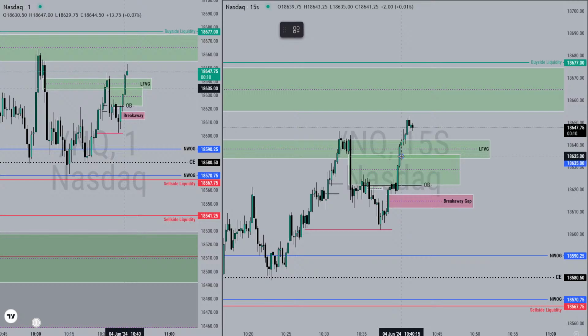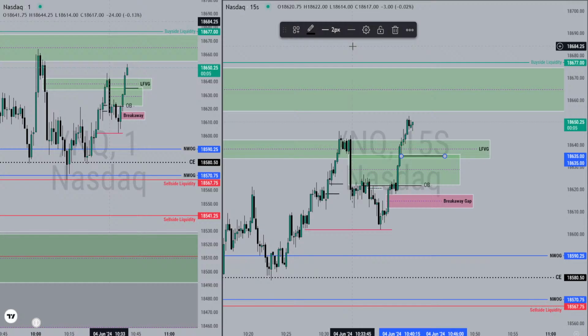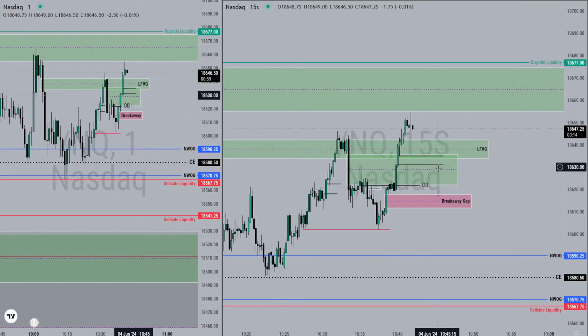I don't think the market will reach until that area, but this is another buying opportunity from there, from here. I don't think the market will reach until that area.